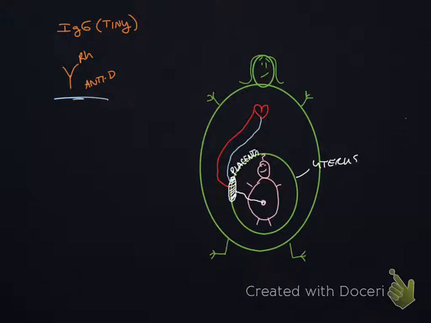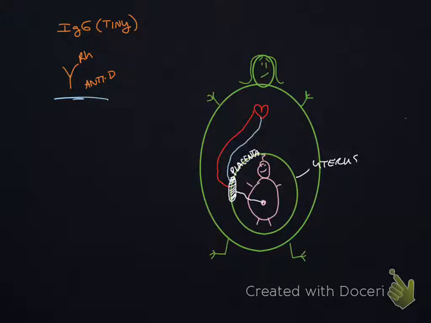The placenta is part mom and part baby, and mom and baby's blood never mix until birth. Chances are that whenever the placenta rips from the side of the uterus, there will be some mixing of blood. Not always, but there's a high probability of this.